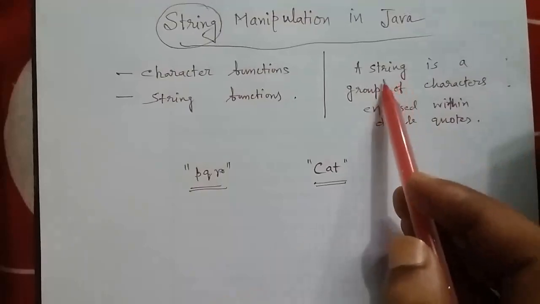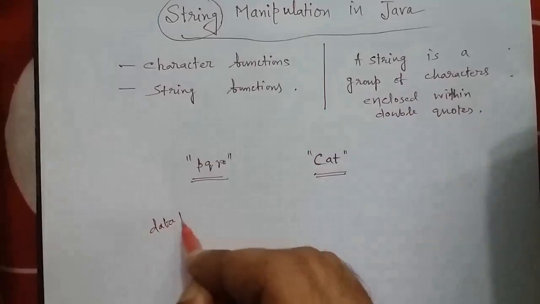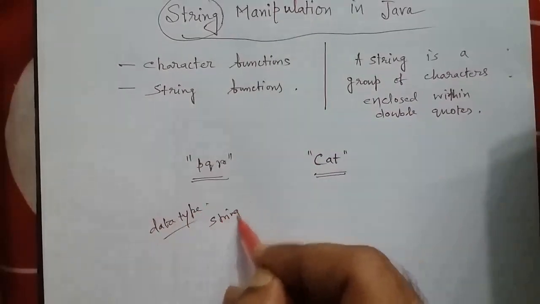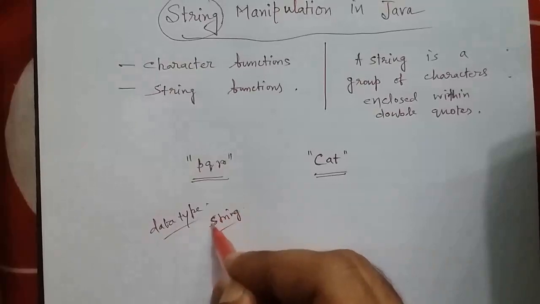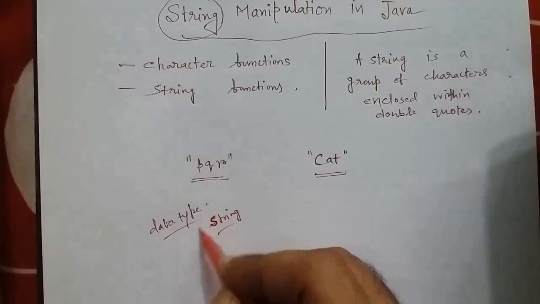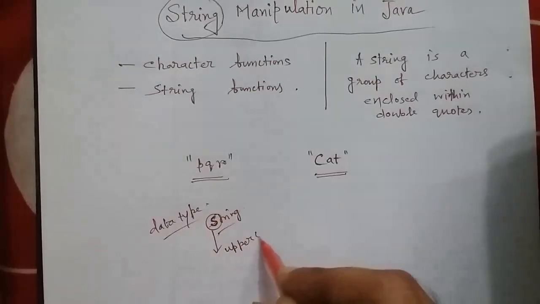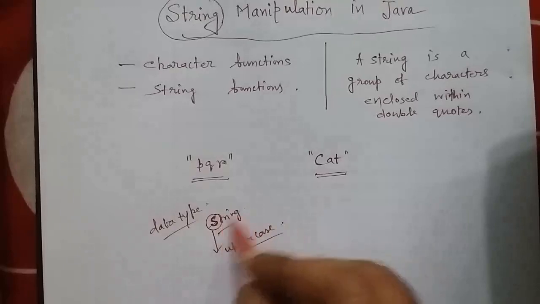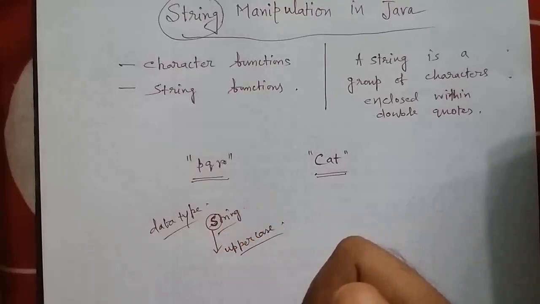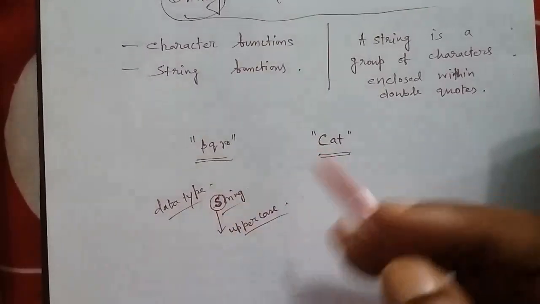So if I consider the data type String, remember, in the String data type, S is always written in uppercase, and other alphabets are written in lowercase. Because this is the convention of writing a composite data type.